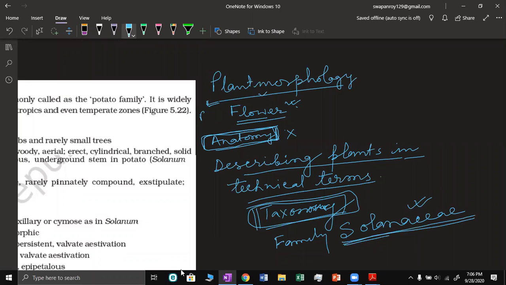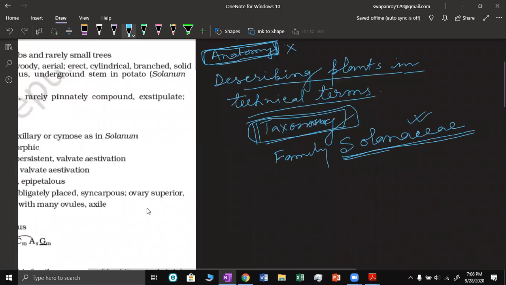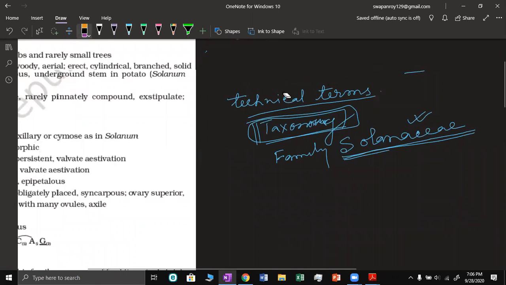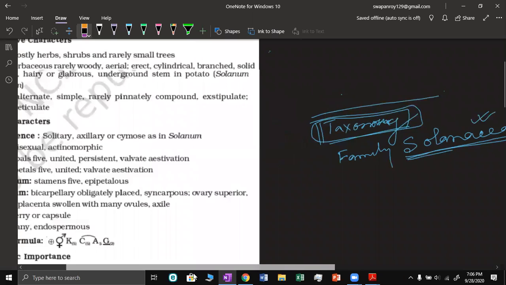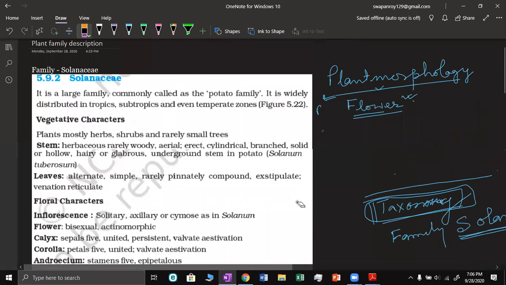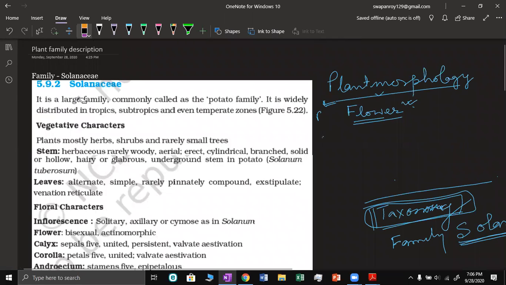And for this description, we will see how we will describe here. Say this is family Solanaceae.